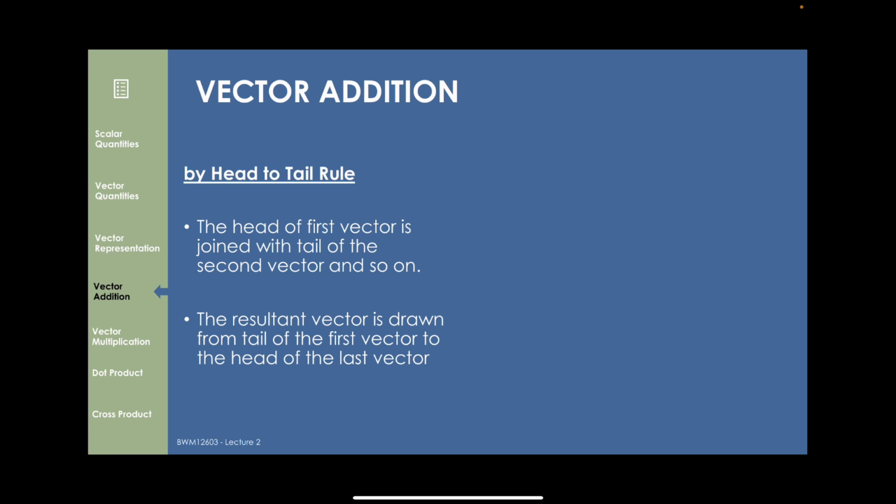The result, or the sum of those vectors, is called the resultant vector, and that resultant vector points from the tail of the first vector to the head of the last vector. The length of that vector is the magnitude, and the direction, of course, is from the tail of the first vector towards the head of the last vector.